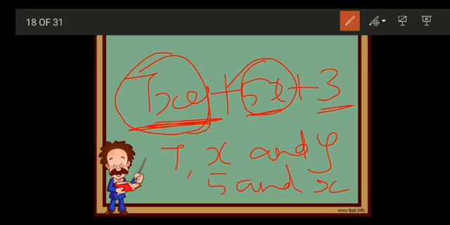Now what is the coefficient of x in the term 7xy? When you consider the term 7xy, the coefficient of x will be, leaving the x, the remaining product of the factors. So the coefficient of x in 7xy is 7y.